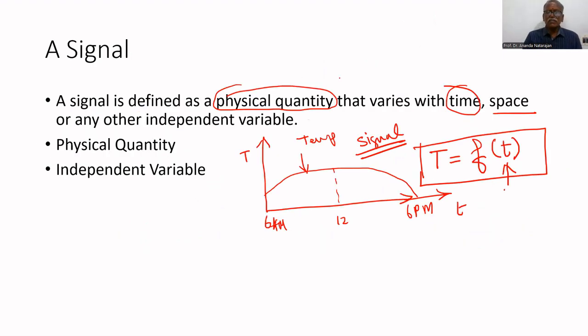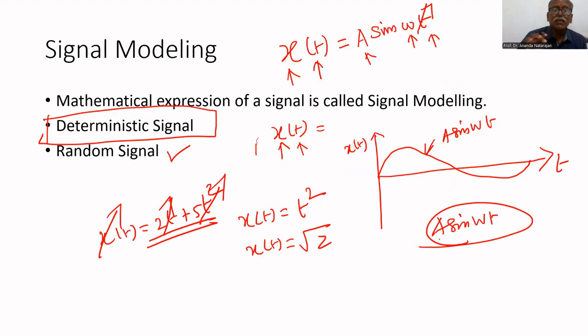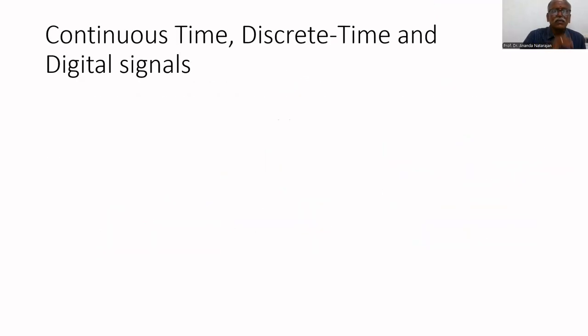For example, the temperature we saw earlier cannot be represented mathematically. It can be recorded, and can be predicted, but we cannot obtain the exact mathematical model. That's why it is a random signal. A random signal has no mathematical expression, whereas a signal which has a mathematical expression is a deterministic signal.